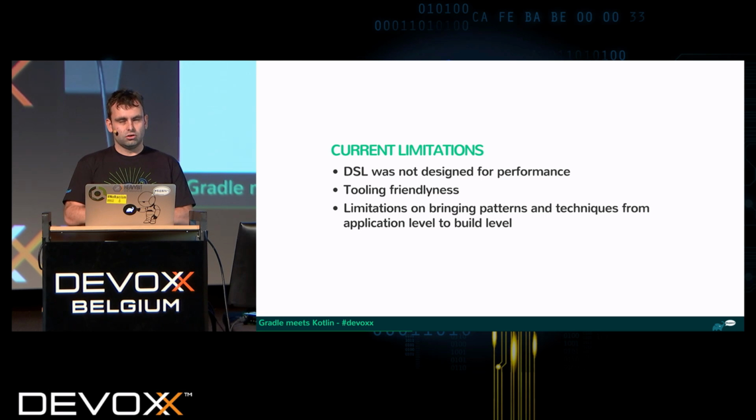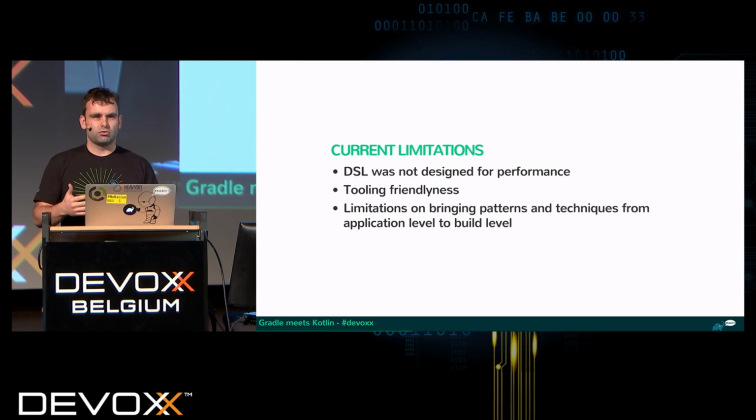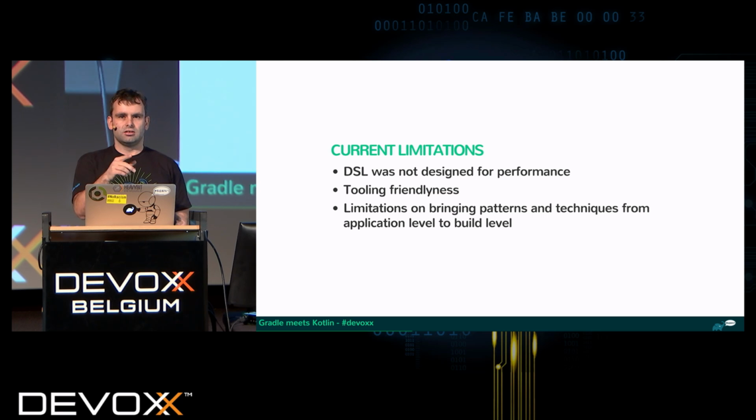It's usually not a big deal in normal size projects, but for example, in that configuration block, if you see dependencies, compile, and then give a dependency notation, what we actually do there is we rely on Groovy's dynamism, so that you can call a method or declare a method in a build script which is not even there, and how that is resolved in Groovy is obviously more expensive than calling a native method.